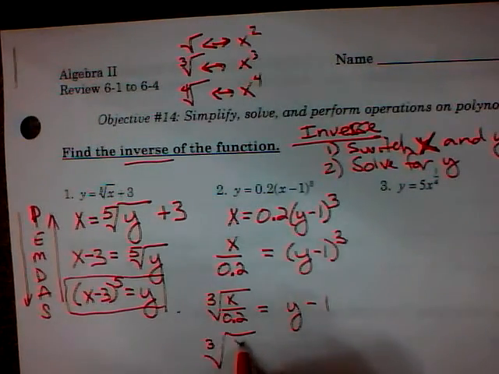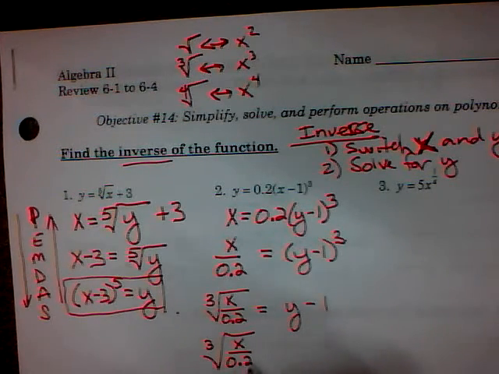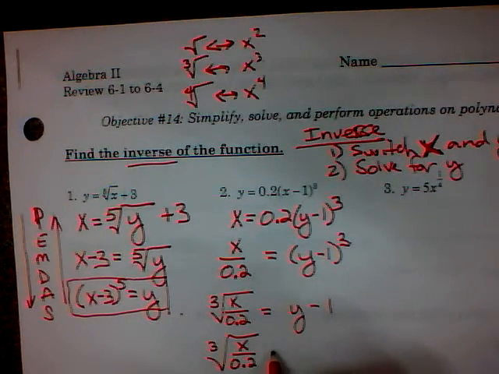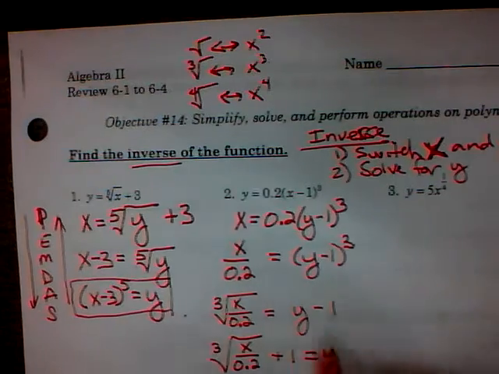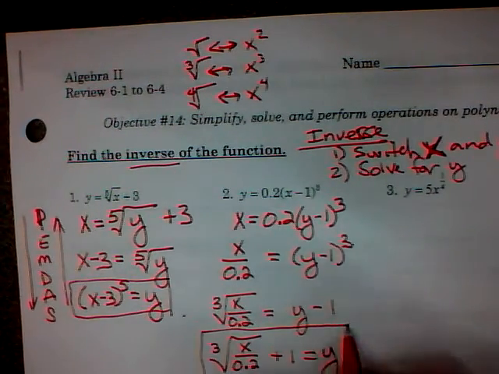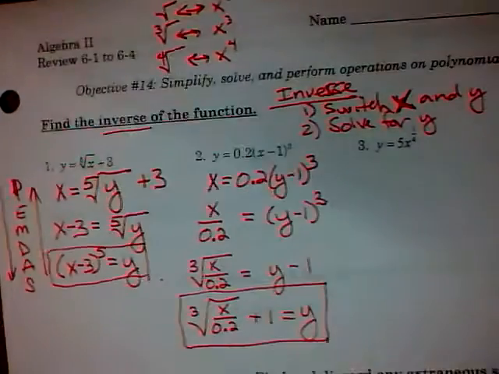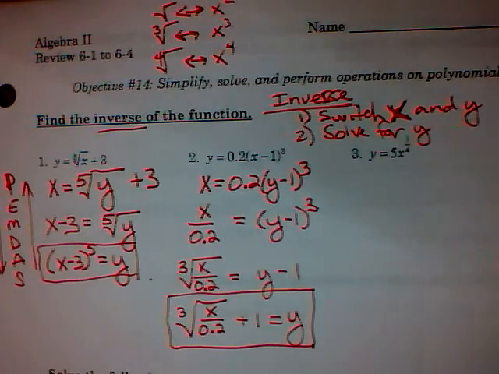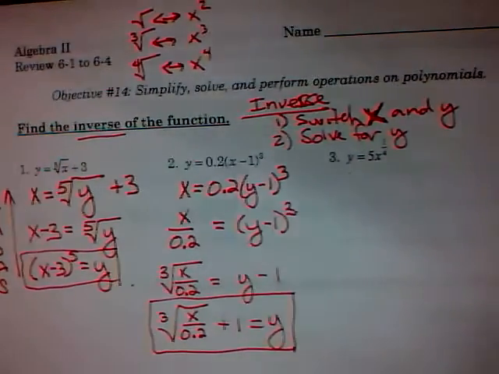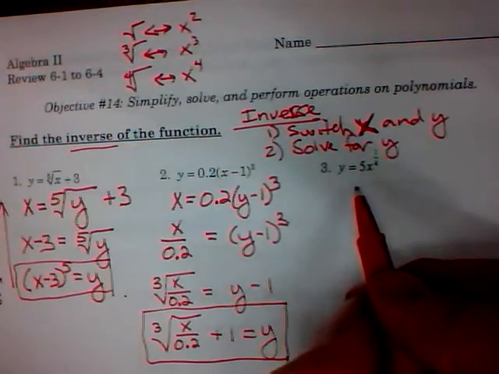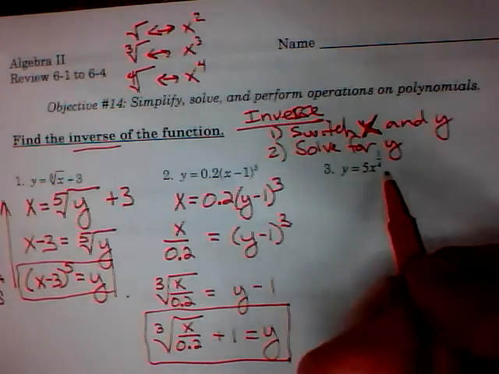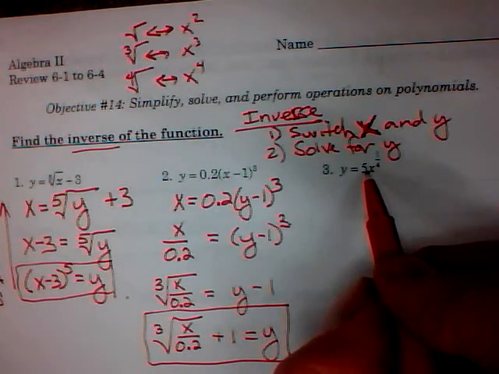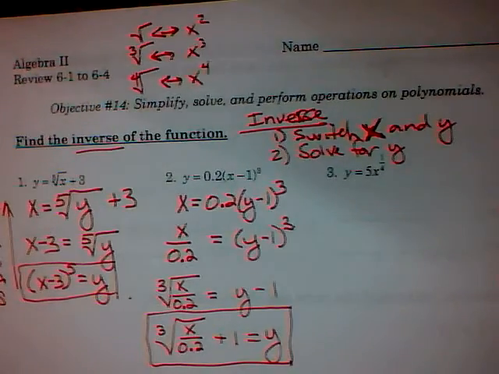So this is the cube root of x over 0.2, plus 1, equals y. And this is the inverse function of our original equation.